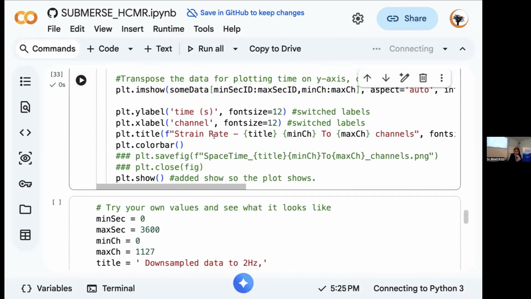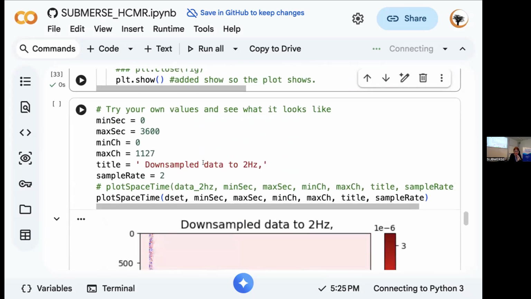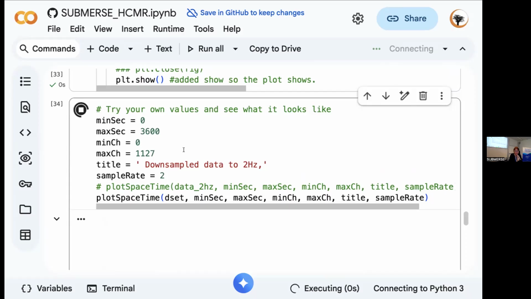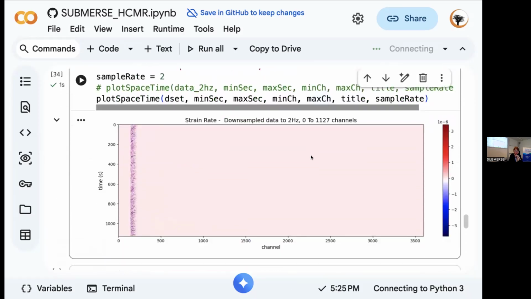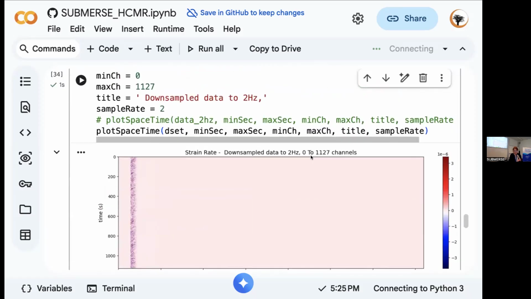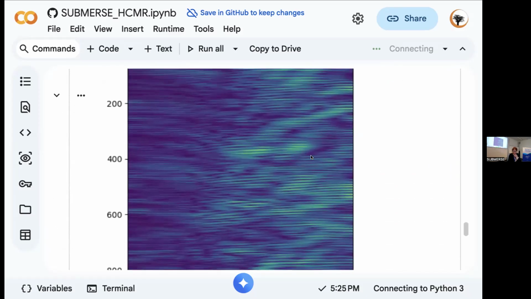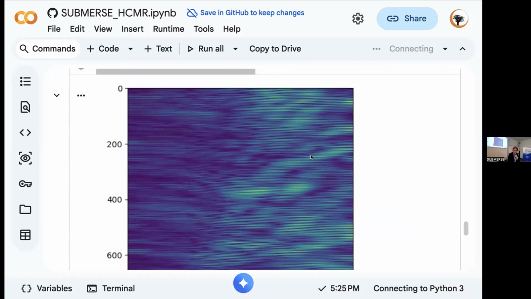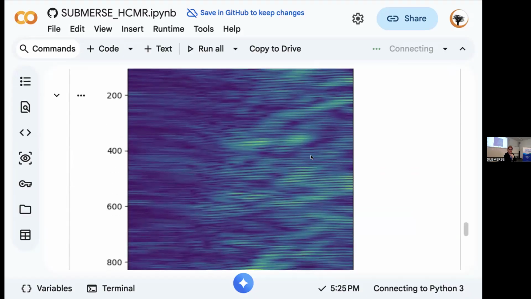I hope this is the one I wanted to show. Yeah. So these are just the functions that I was showing earlier. You can vary the parameters and make plots for yourself, maybe using your own files and changing the numbers. This is the plot I was showing earlier that shows high energy as the lighter color.